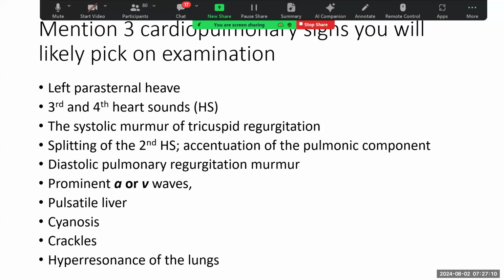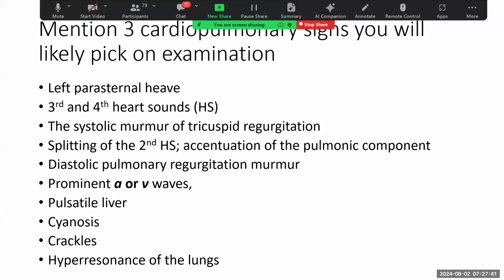Because we know the common causes of the third and fourth accent, is cor pulmonale causing the third and fourth accent? I'm not really sure. Then you mentioned the accentuation of the pulmonary component and also the signs of hyperresonance, loss of cardiac and hepatic dullness.